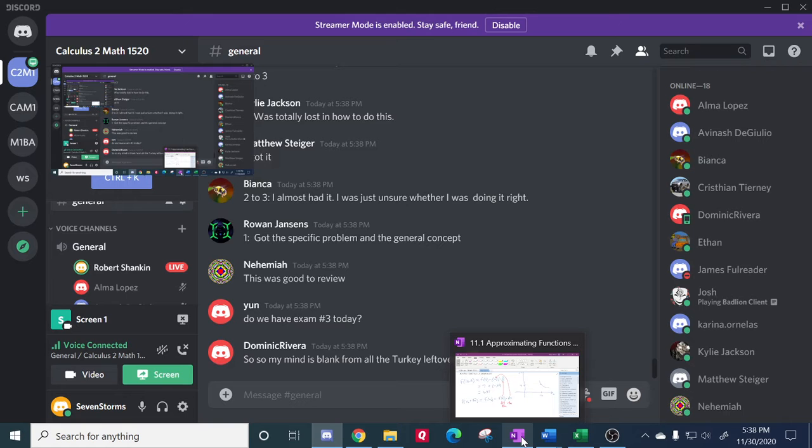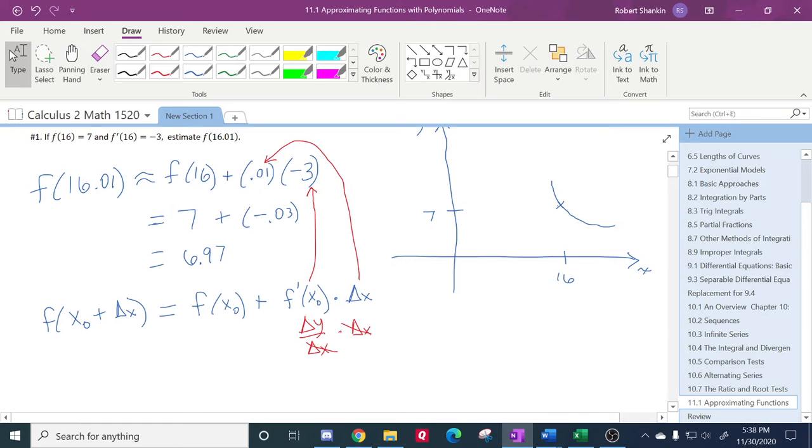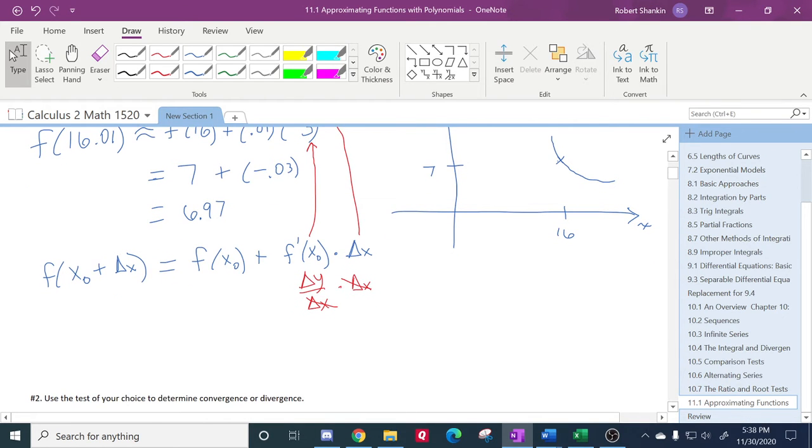Alright, now let's go back. Alright, this idea right here though, that f of x0 plus delta x is, well, I would just be rewriting this again.